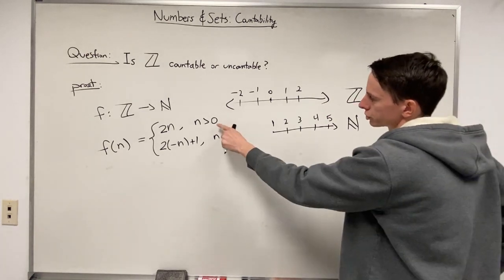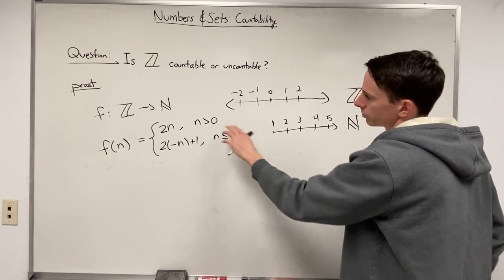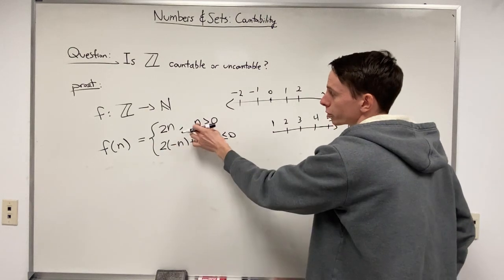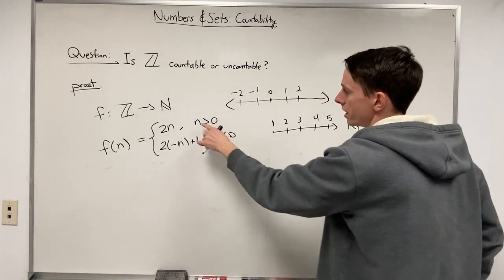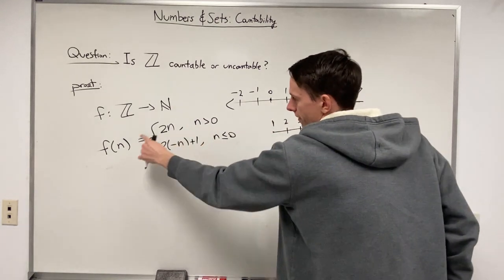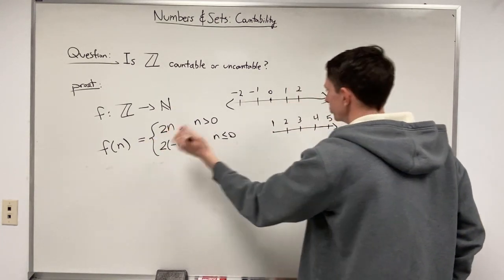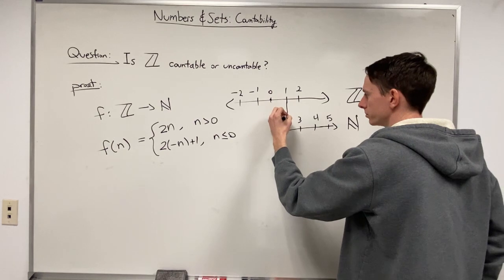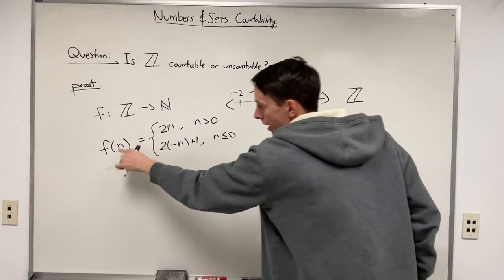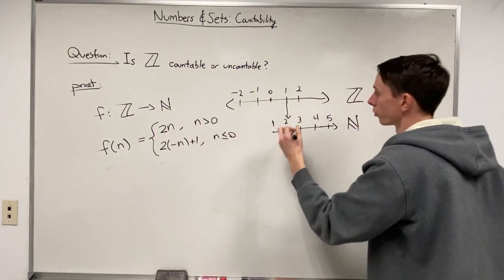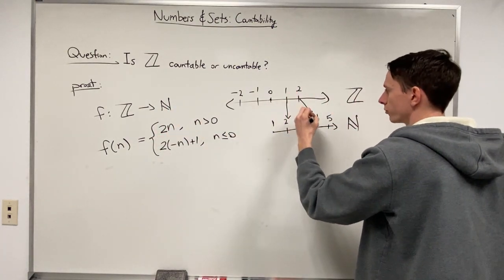And maybe we'll just start with the top case, this first case right here, where we're going to look at the integers greater than 0. So when n is 1, f of n is 2. So 1 is going to map to 2. When n is 2, f of 2 is 2 times 2, or 4. So 2 is going to map to 4.